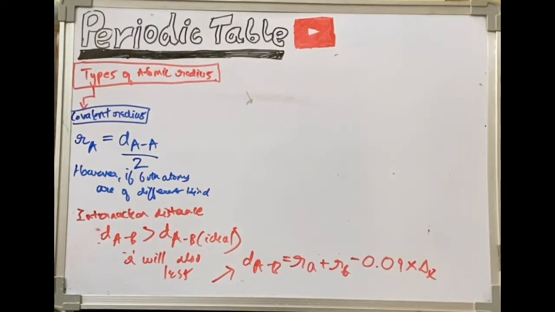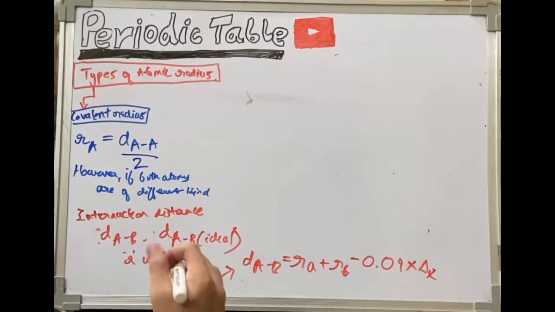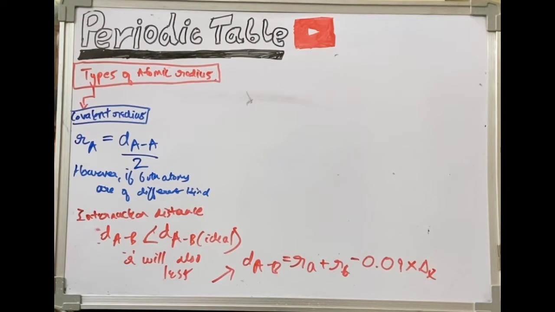This may not be asked in your exam, but it's better to be knowledgeable about these stuff, okay? So just remember, in case it's asked, the board is crooked as well as wicked, so you may just do this as well. So it will be RA plus RB, which is the ideal one, but as we discussed over here, it should be less. So it will be 0.09 into the difference in electronegativities.